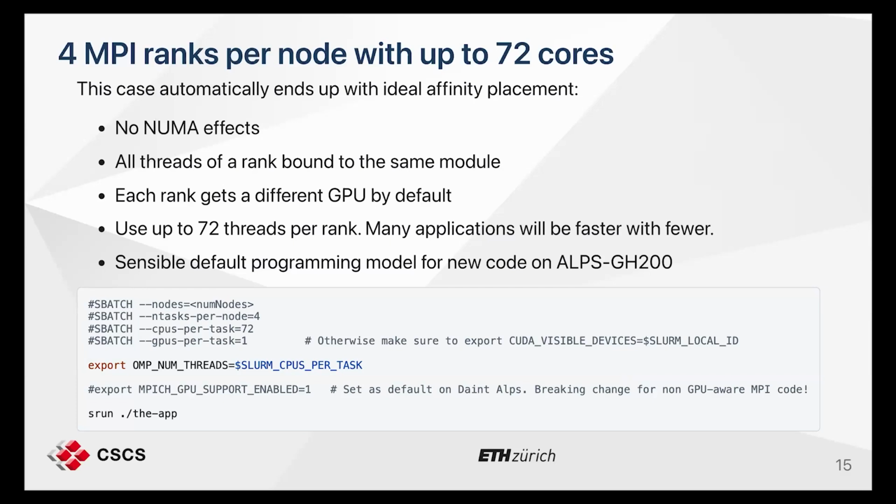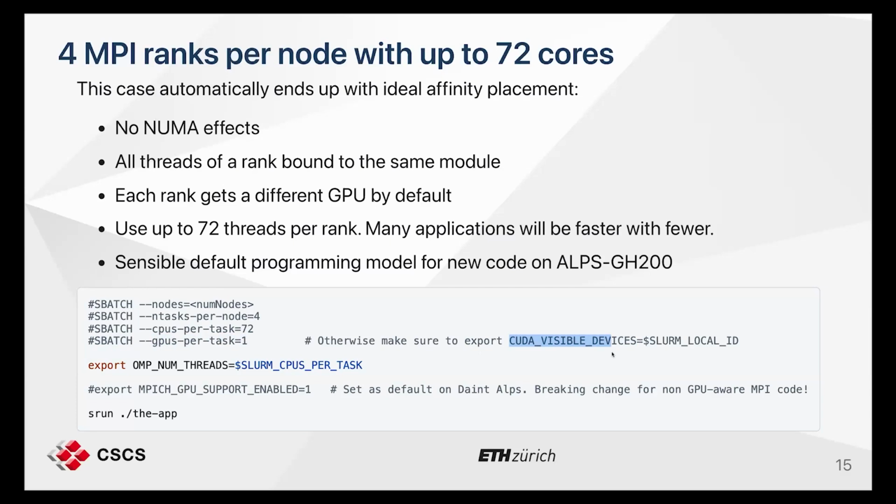So 4 ranks per node, 1 per module, which gives each rank 72 cores and 1 GPU, avoiding NUMA effects in this way. Something you need to take care of is that SLURM will do the mapping for you, but what SLURM will not do is set CUDA_VISIBLE_DEVICES. If you haven't set CUDA_VISIBLE_DEVICES or specified GPUs per task, then due to the default active device, all this work will be oversubscribed to GPU 0.